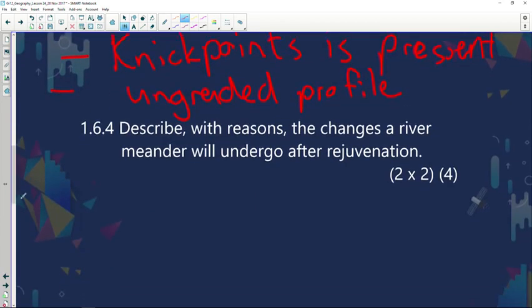Describe, with reasons, the changes a river meander will undergo after rejuvenation. So what will happen when the river gains more energy? Basically, incised meanders will develop.